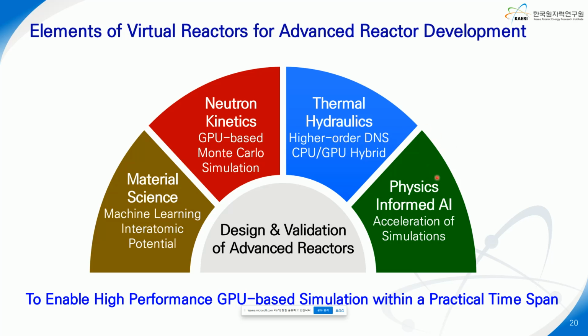The third is CFD with the physics-informed AI. The fourth is atomistic material simulation using machine learning-based interatomic potential. Most of them involve extensive use of GPUs. Let me talk about each subject one by one.